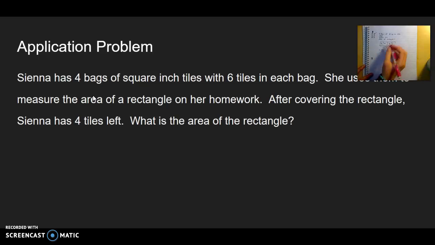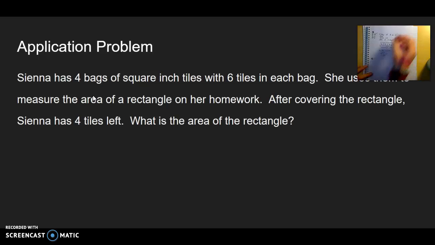Okay, so now I need to find what 4 groups of 6 equals. 6, 12, 18, 24. Actually, let me fix that. 4 times 6 equals N. N equals 24. So, there's step 1.